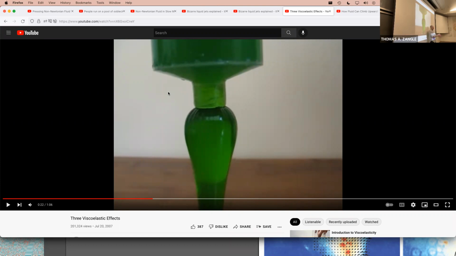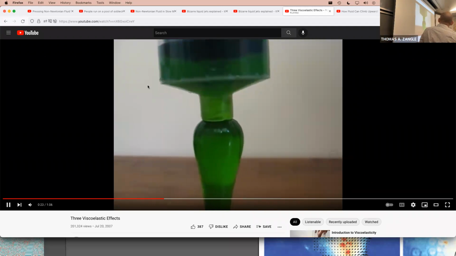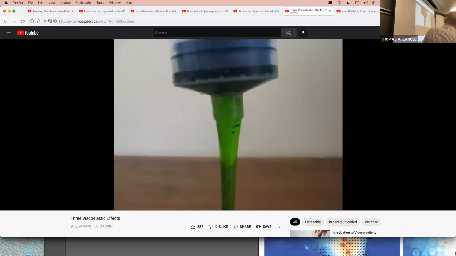There's no elastic stress. There's no bounce back. There's no spring. But with a fluid that's behaving a little bit like a solid, it bounces back, and that's what we're seeing here. It's springing back outwards and causing this kind of weird effect. That's one viscoelastic effect.